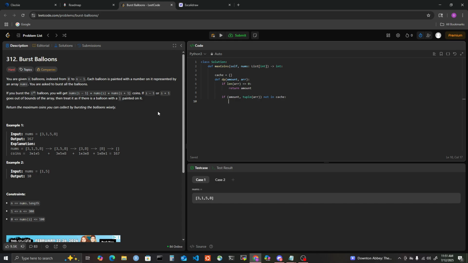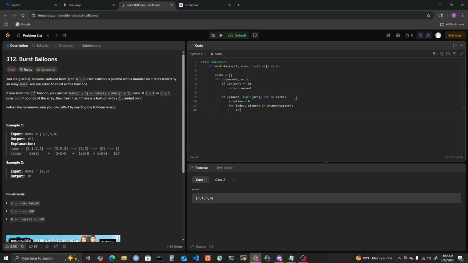So I'm going to basically go for index, element in enumerate array, say solution equals 0.